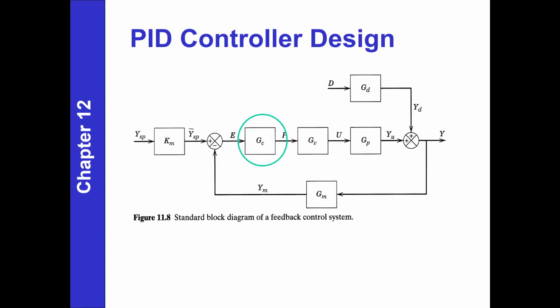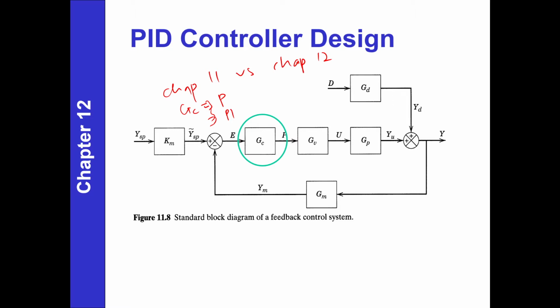To start with, remember this is our standard block diagram of feedback control system. In chapter 11, the value of GC, the transfer function for the controller, had already been decided whether it is P or PID. Based on the example of liquid level control system, there are cases for P controller and PI controller.